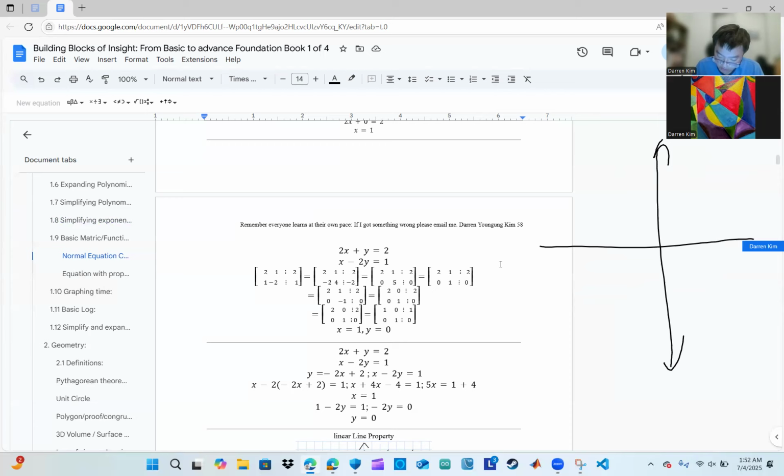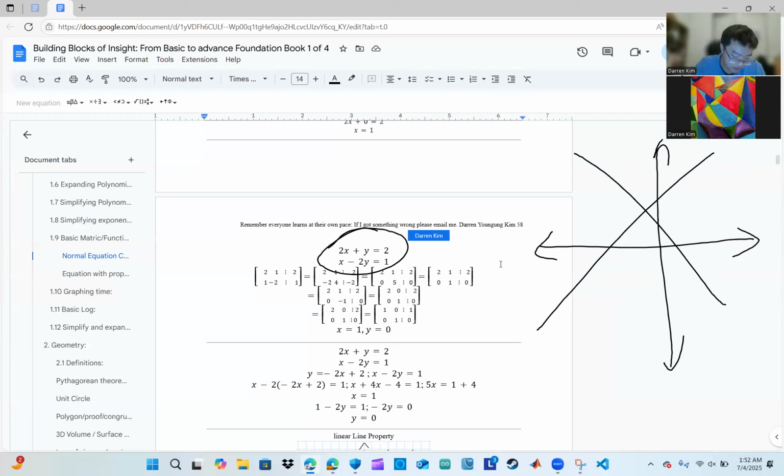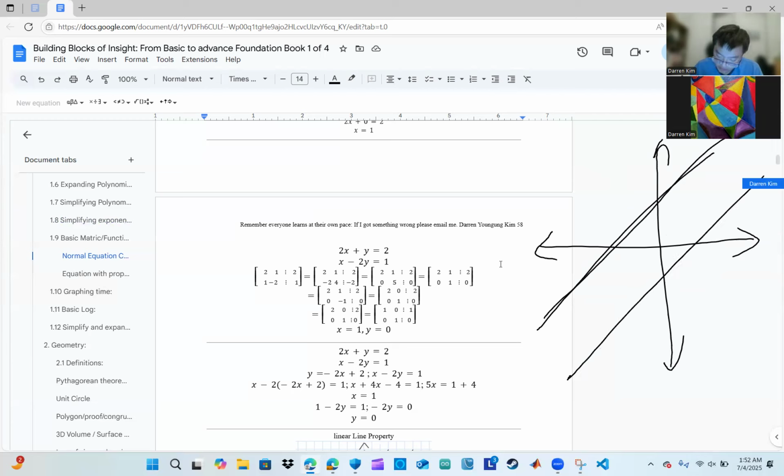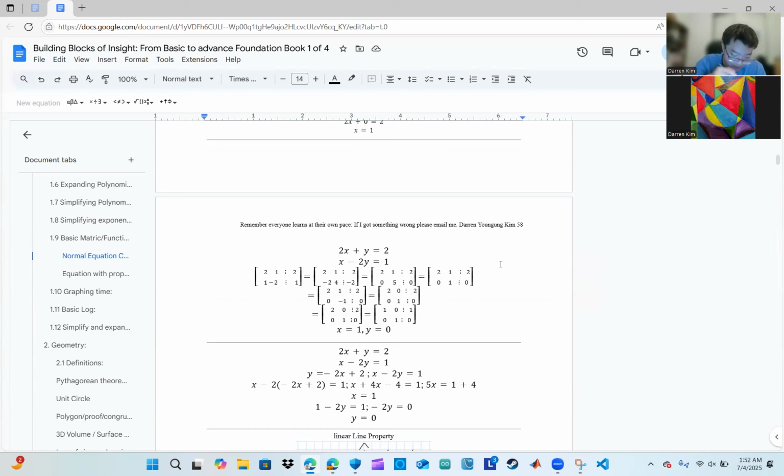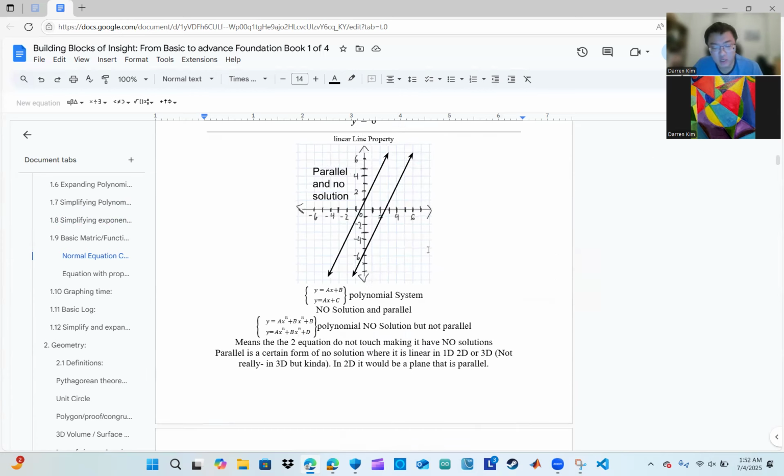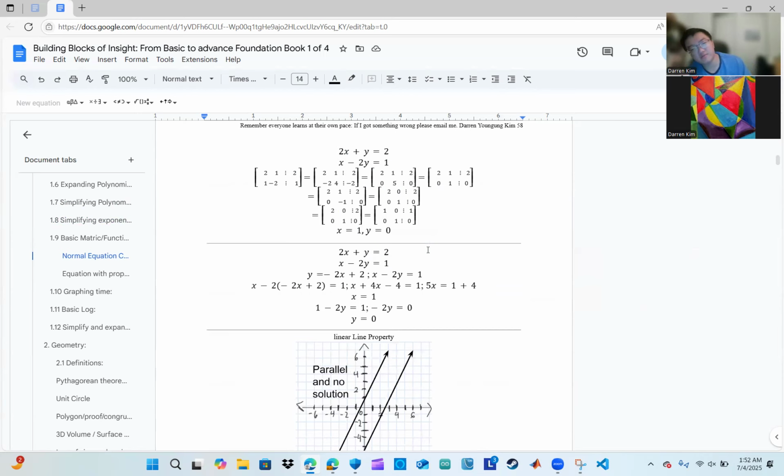Basically, it's a 2D world, which means if you have two lines somewhere, because these are lines in the end of the day, there's only a few ways to get it. You can have a line on a line, or parallel lines, which has no solution, or a crossing line that has one solution. And remember, these are crossing lines, so that's the only way it can happen in 2D.